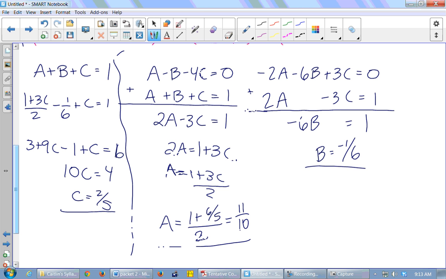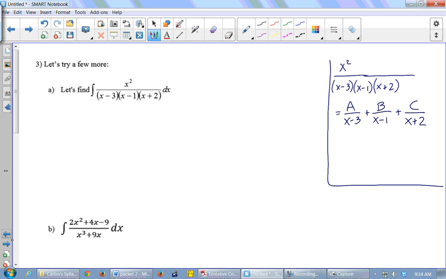All right, so I have values for a, b, and c. This is only the preliminary work to being able to solve the integral, right? All right, so a is 11/10. Go back to my integral.